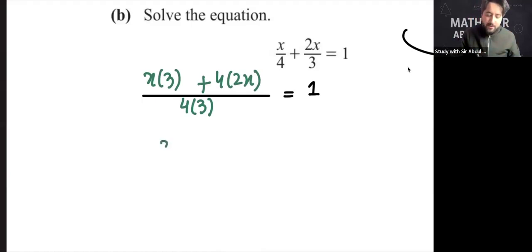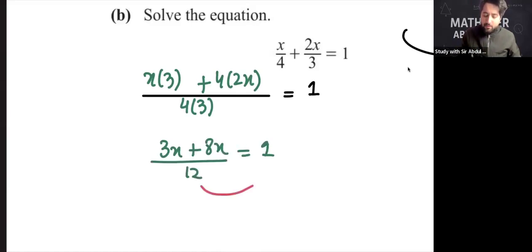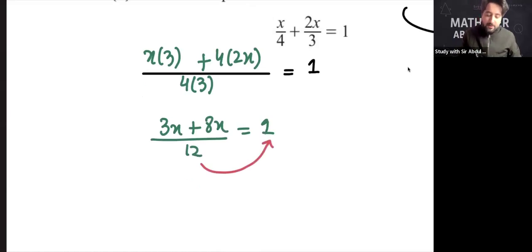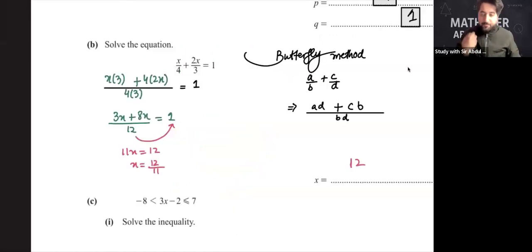So x times 3 is 3x and 8x divided by 12 equals 1. Guys, this 12 will go there and will be multiplied with 1. So 3x plus 8x is 11x is equals to 12. Let me make x the boss because it says that x equals. So it means that we have to find out the value of x. So x is equals to 12 over 11. So the value of x is 12 over 11. Understood everybody or not? Yes?